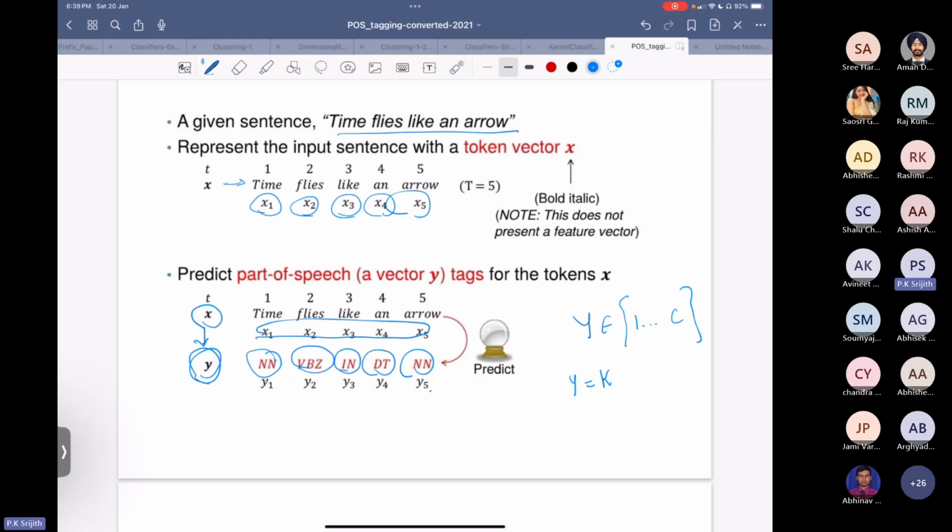You are only trying to predict a single output label, not multiple output labels.